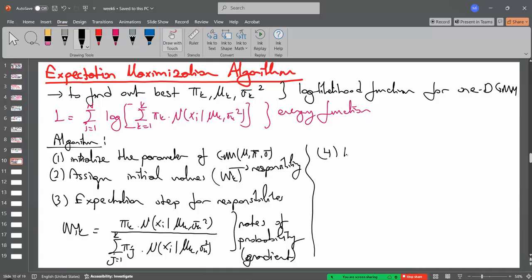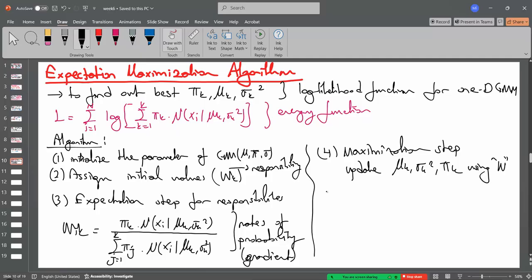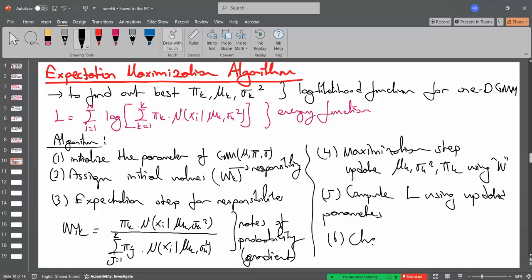After that, we need to maximize in order to model the probabilities: update mu k, sigma k square and pk using these w rates. And after that, compute L using the updated parameters and check convergence.